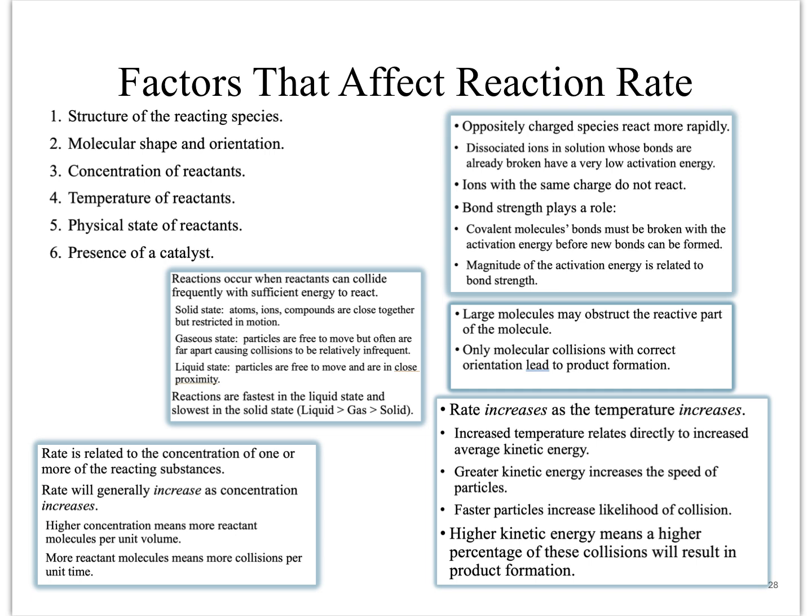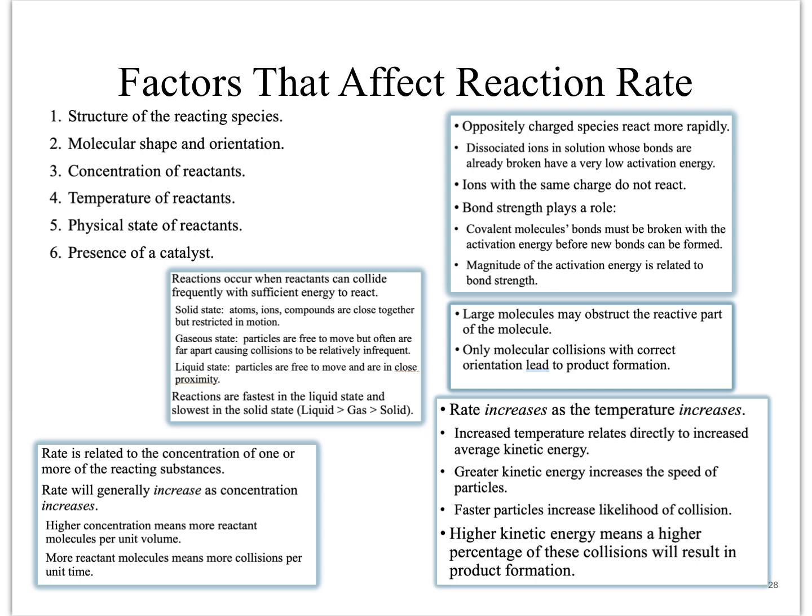There are several factors that affect the reaction rate. First of all is the structure of the reacting species, and also the molecular shape and orientation. When a chemical reaction happens, molecules collide with each other from different directions, and if the molecule is big, then they have a hard time colliding with each other to break the old bond and form the new bond.